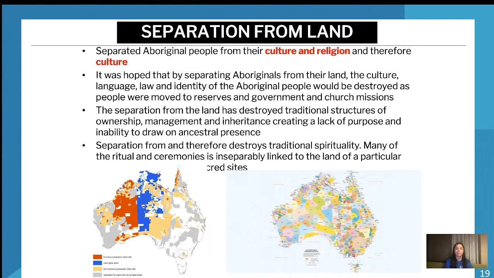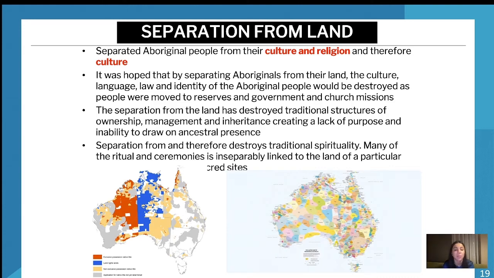So it separated Aboriginal people from their culture and religion, and from that, their culture and spirituality altogether. It was hoped that by separating Aboriginals from their land, the culture, language, law, and identity would be destroyed, because people were moved to reserves and government and church missions. It destroyed traditional structures of ownership, management, and inheritance because it created a lack of purpose, and an inability to draw on an ancestral presence, especially when a lot of children were stolen and they really struggled to draw back on that ancestral presence, and to find their mothers and their fathers and their sisters and their brothers.